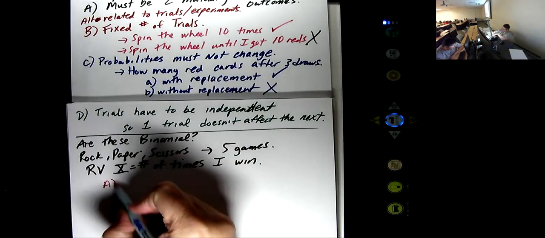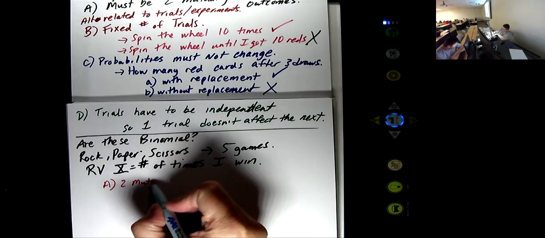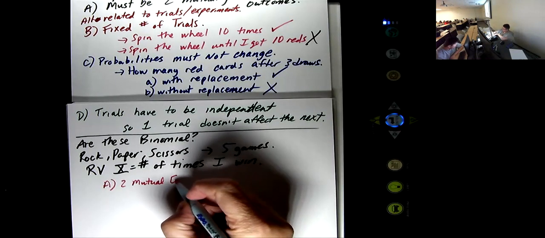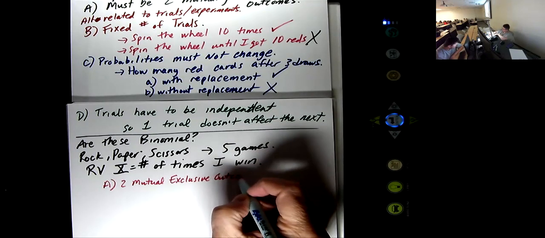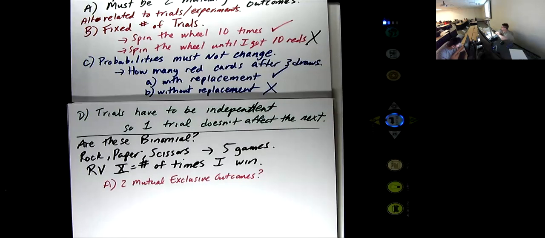So A, are there 2 mutually exclusive outcomes? Well, if I'm playing rock, paper, scissors, I can either win, lose, or tie.